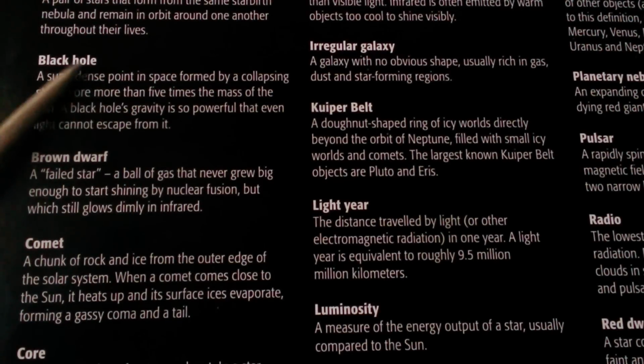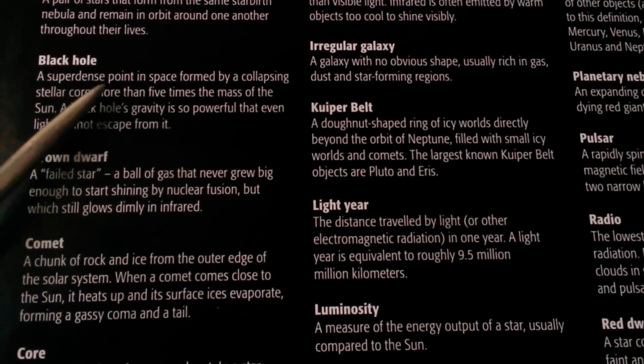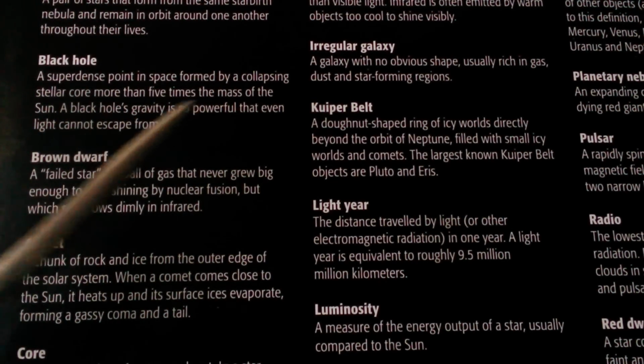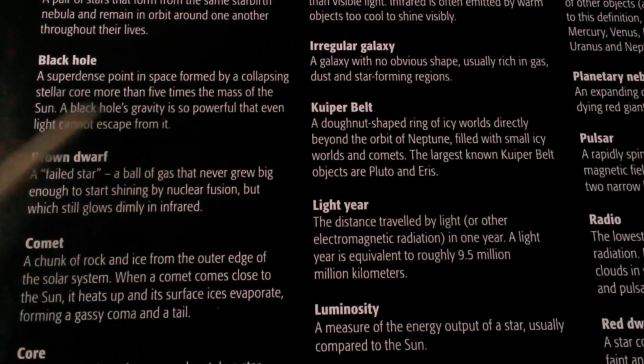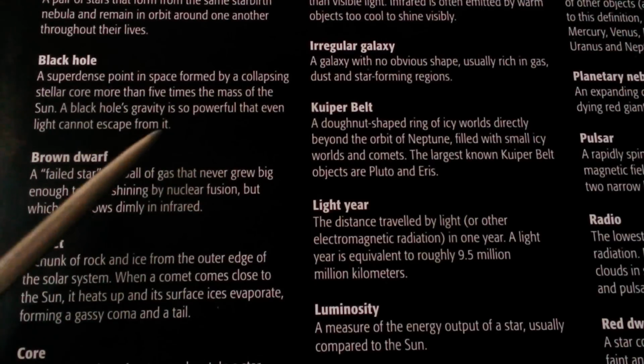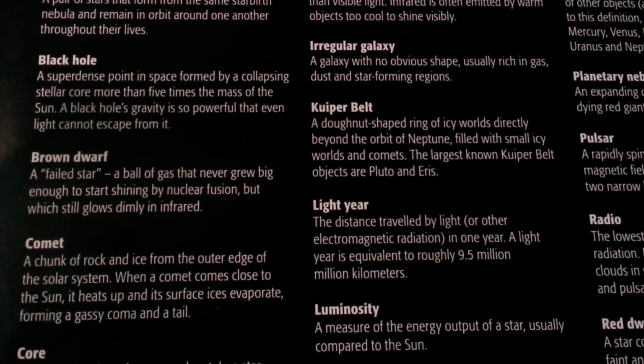A black hole really isn't a hole, it's a superdense stellar core that's more than 5 times the mass of the sun. Its gravity is so powerful that even light cannot escape from it, so a black hole does not reflect light.